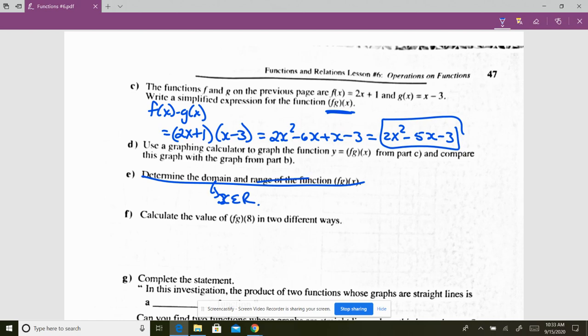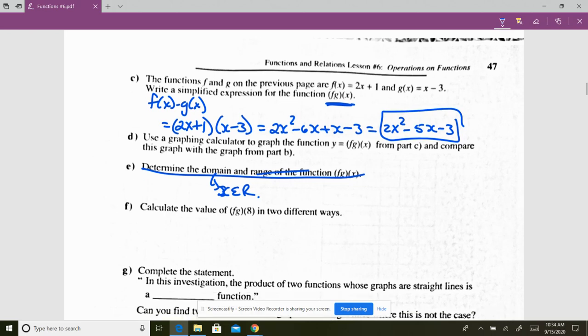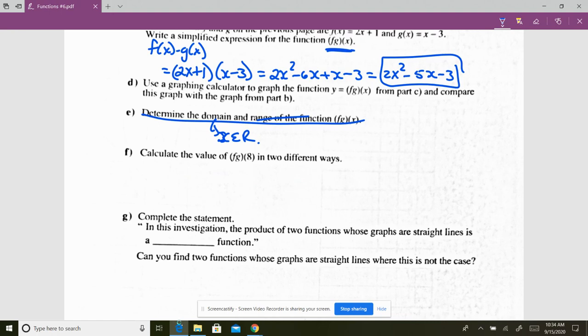Calculate the value of fg of 8 in 2 different ways. So we could go f of 8 times g of 8, or you could just plug it into this function up here, right? Because that is the multiple. So you guys might as well plug it into this and tell me what you get. And I'll do it the long way, and we'll see if we got the same answer. Okay?